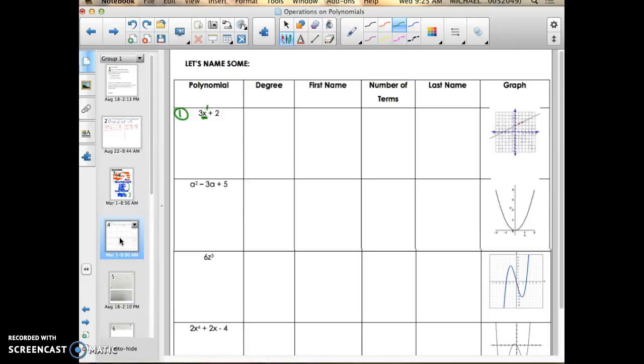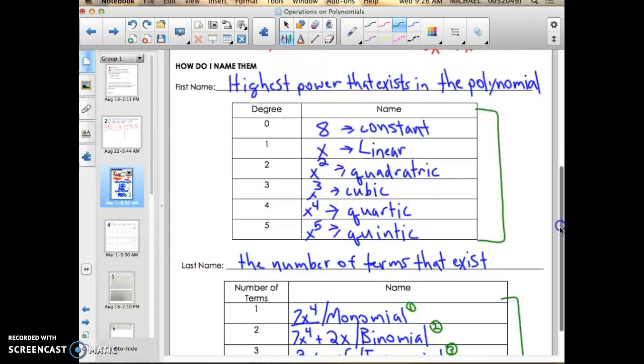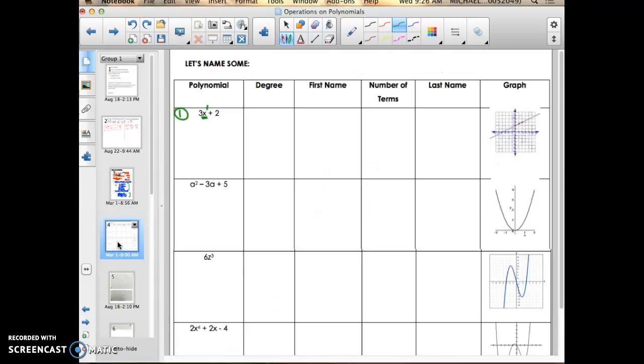And so the highest power in this case is 1. So if I go back to my table and down to the degree, if the highest power is 1, then I know it to be linear. So the degree is 1, I know it to be linear.